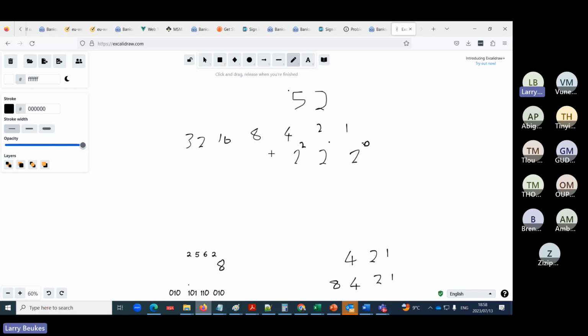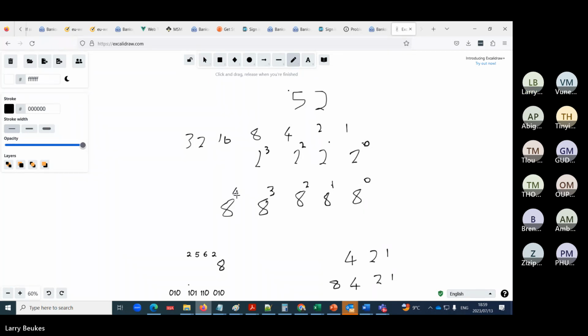So this will be 8 to the power 0, then 8 to the power 1, 8 to the power 2, 8 to the power 3, then 8 to the power 4.